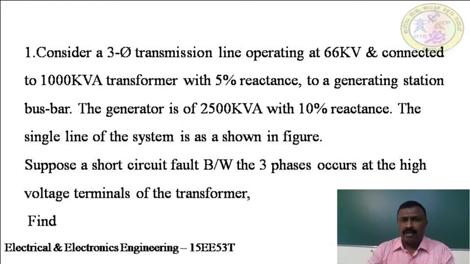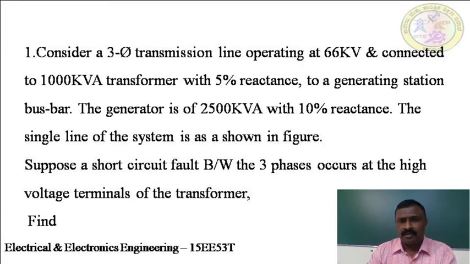So now we can take one sample problem. The problem is like this. Consider a three-phase transmission line operating at 66 kilovolt and connected to a 1000 kVA transformer with 5% reactance to a generating station bus bar.